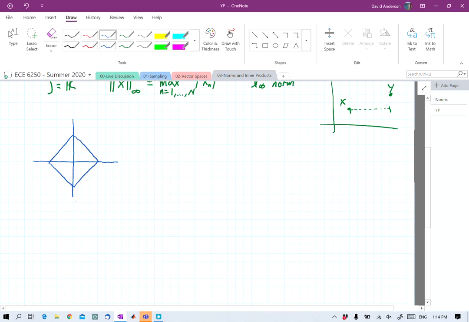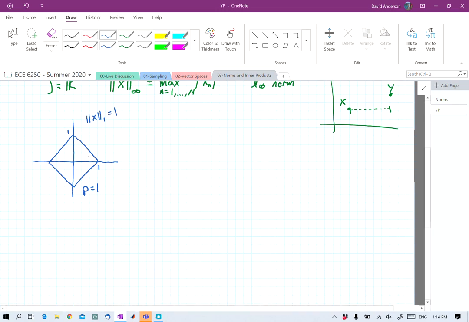So what does this represent? Well, this shape is all x1 and x2 for which the L1 norm is equal to 1. So it's p equals 1 in this case.